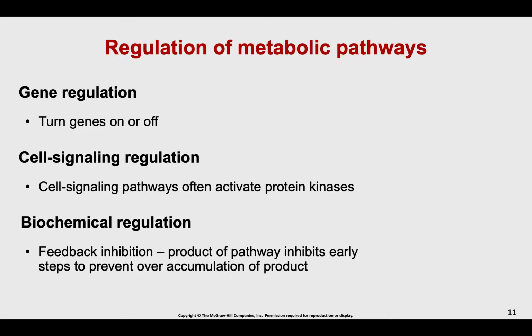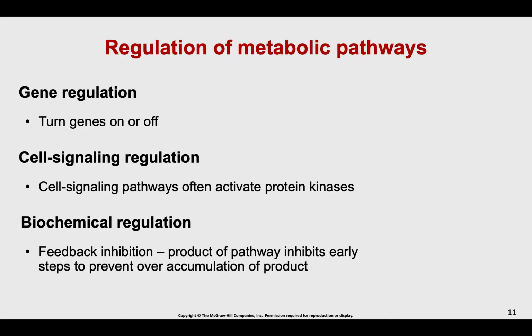Another way to regulate these is cell signaling regulation. This involves the protein kinases, which are enzymes that covalently attach a phosphate group to a target protein. A good example of this is epinephrine, that adrenaline molecule. Epinephrine is a signal to your muscle cells to start phosphorylating enzymes in order to activate carbohydrate metabolism.